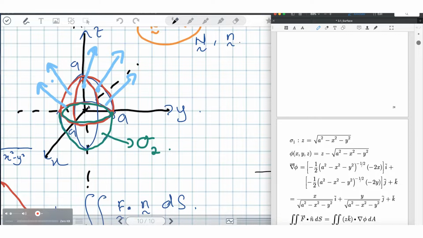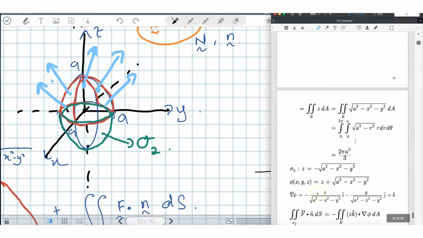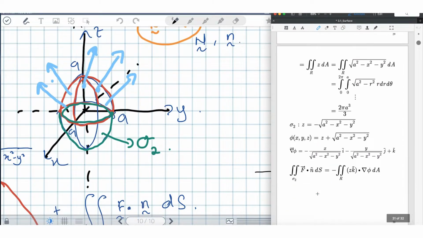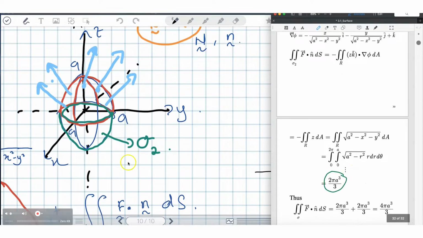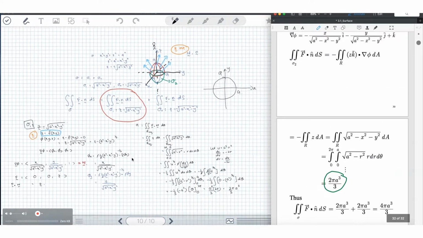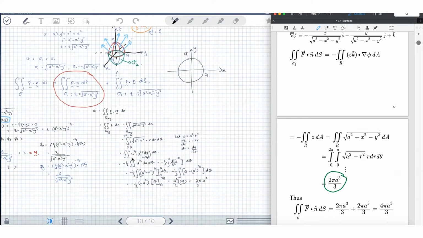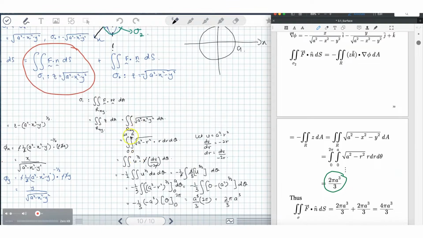That's why the answer is the same. Please try to find out yourself for this particular surface. The process is exactly the same as this, just change the plus minus sign, and the limit is also the same, because your region is the same.